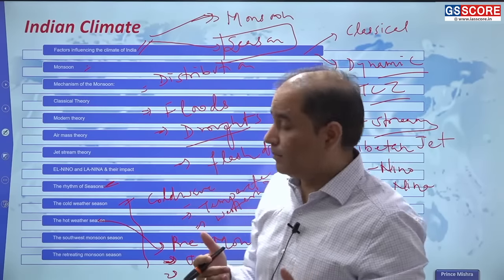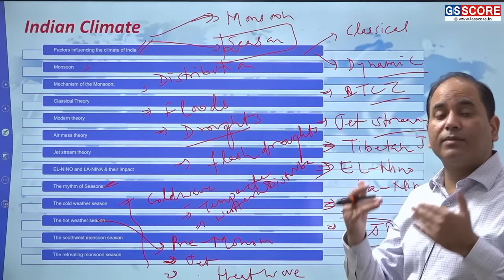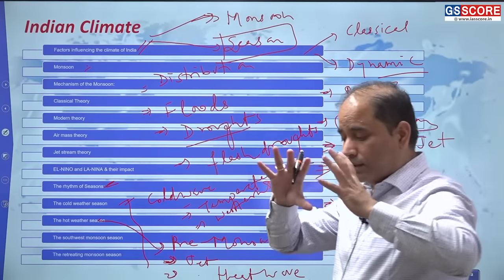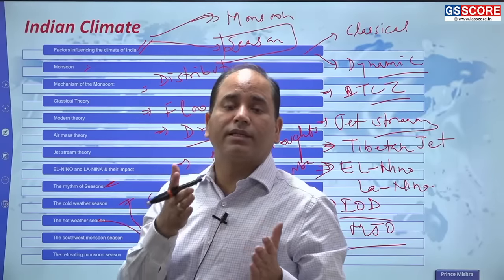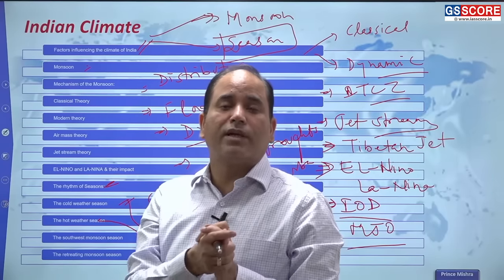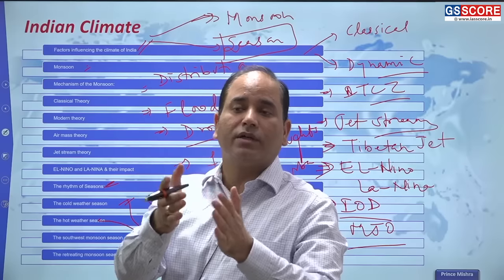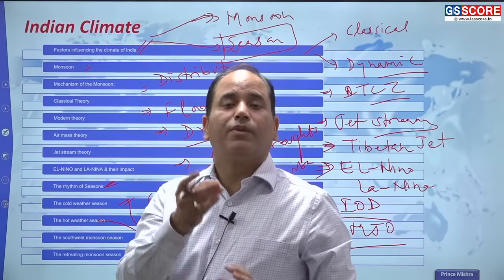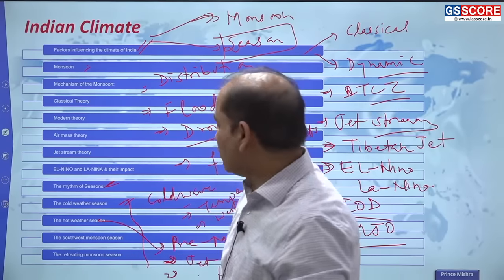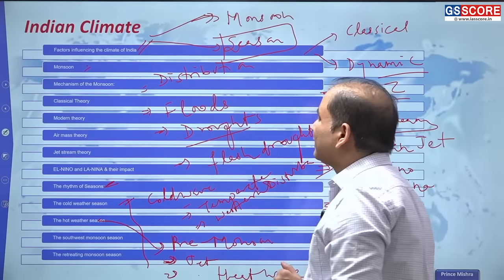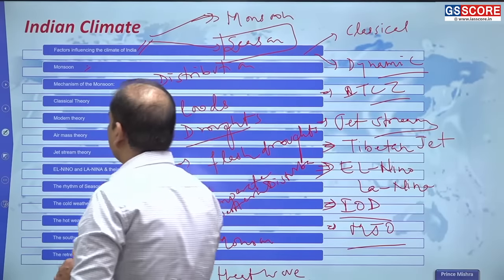While retreating, some of the retreating wind, while crossing the Bay of Bengal, will collect the moisture and bring the rainfall to the Tamil Nadu coast, to Puducherry, to the Andhra coast in the form of winter monsoonal rainfall, which is also referred to as northeast monsoonal rainfall. So all these you will study under the Indian climate.